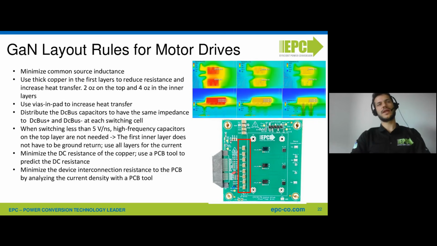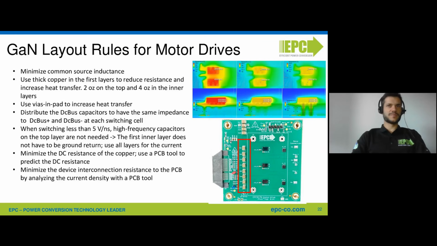But the internal layers can be made with much heavier copper, so 4 ounce in the first two inner layers is a very good rule of thumb to realize PCBs that are efficient from a heat transfer standpoint.